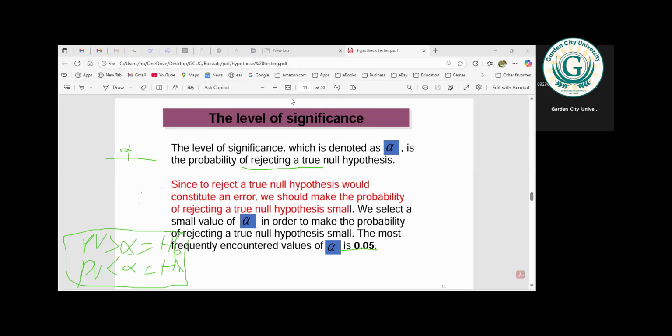I said that it is serving as a benchmark for you to accept or reject the null hypothesis. And that's the reason why I even used the test kit as an example. So it serves as a control line, and that is what you use to compare your p-value to accept or reject it. So you have to set your benchmark, the line at which you have to do that.